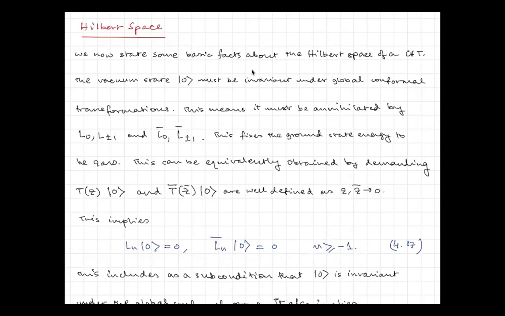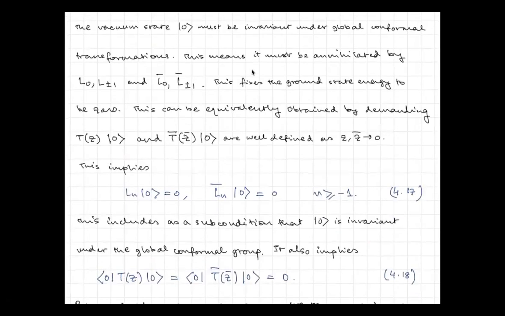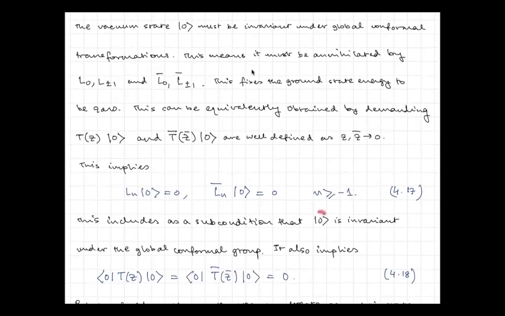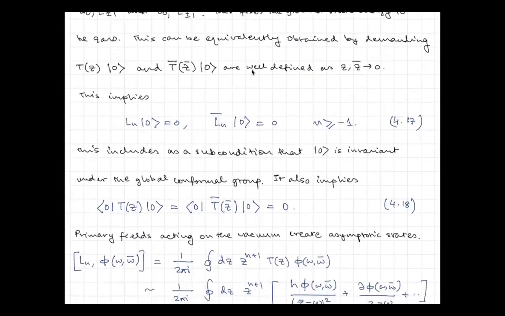Okay. This in itself includes the condition that the ground state is invariant under the global conformal group, and it also implies that if you're looking at the one-point functions, T(z) and T bar(z bar) in the vacuum are also 0. Okay, so this is reasonable and straightforward.